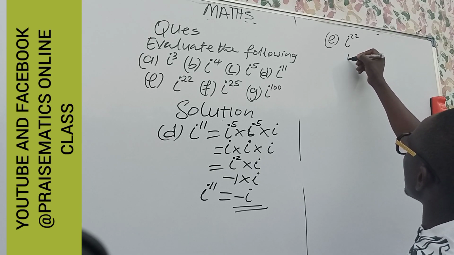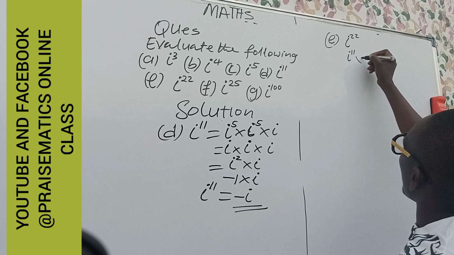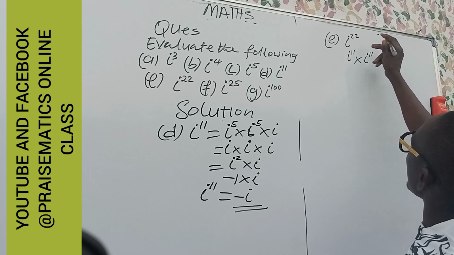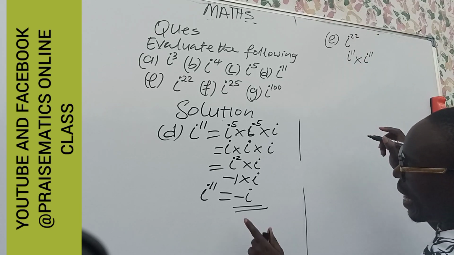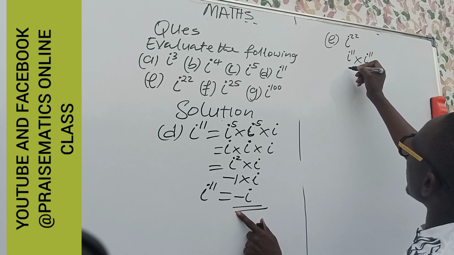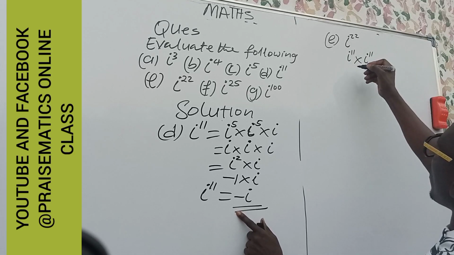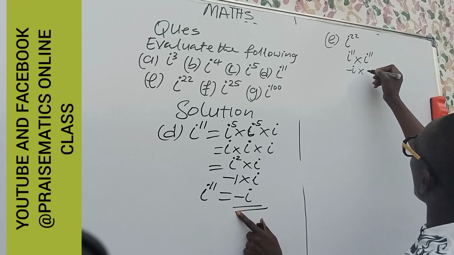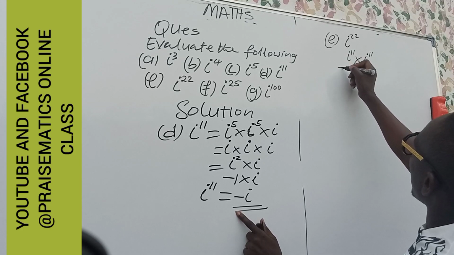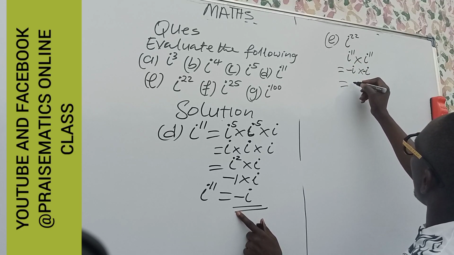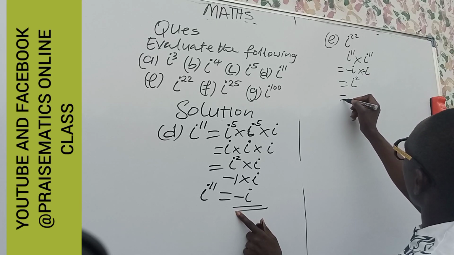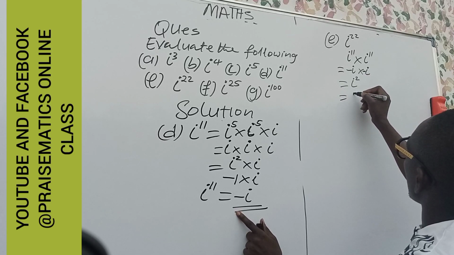I know that i power 11 multiplied by i power 11 will give me i power 22. And I already know that i power 11 is minus i. So we have minus i multiplied by minus i. Minus times minus, we have it as i squared, whereby i squared is the same thing as saying what?